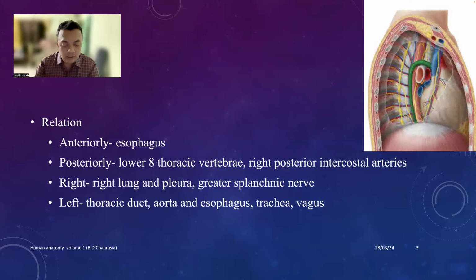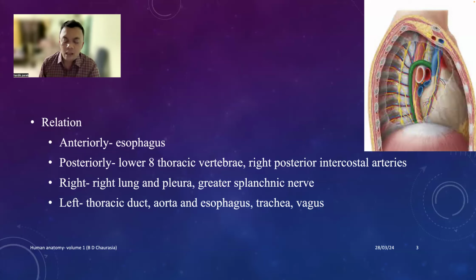Then on the right side, it is related to the right lung and pleura and the greater splanchnic nerve, while on the left side it will have the thoracic duct and aorta. These two structures will be present in the lower part, while in the upper part it will have the esophagus, trachea, and vagus nerve. In that way, the relationships of your azygos vein will be seen.